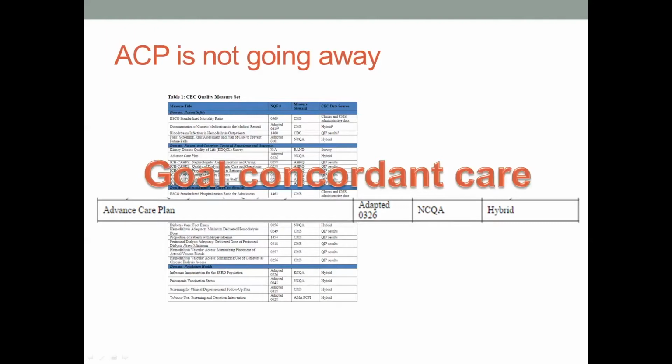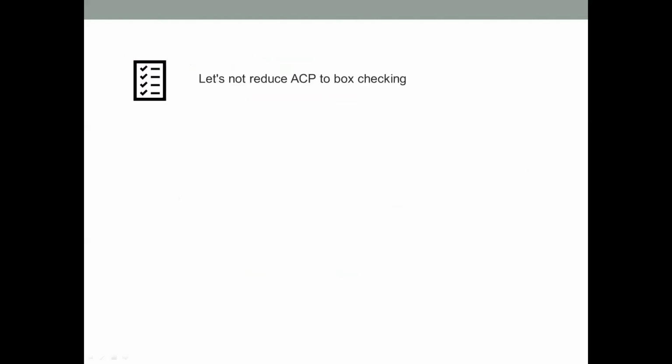Again, it's about encouraging the conditions for goal concordant care, and not just a checkbox, to make sure that we are helping people to prioritize what's most important to them in a dynamic fashion as their disease trajectory unfolds. So really, let's not reduce advanced care planning to box checking.